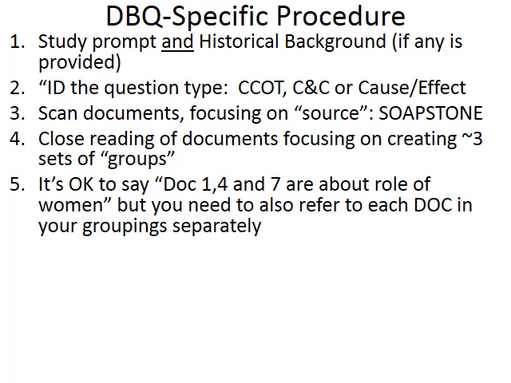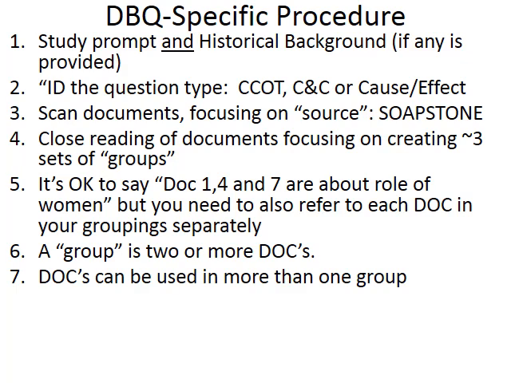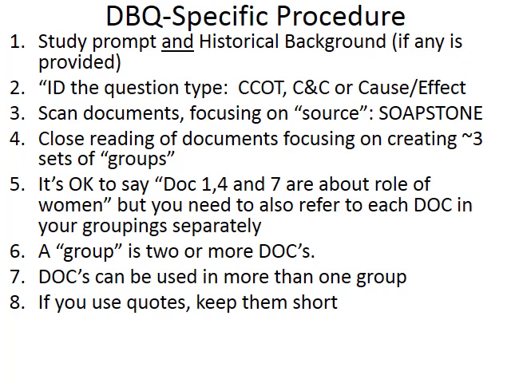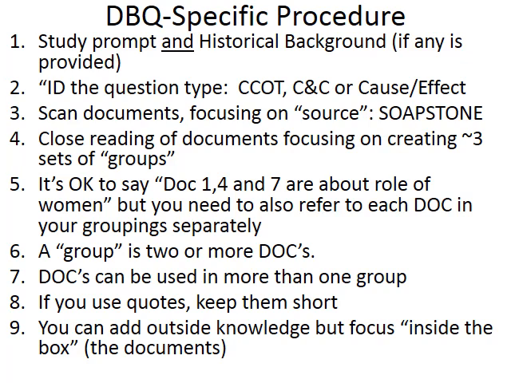It's okay to say just Doc 1, 4, and 7 are about the role of women, for example, but you need to also refer to each document in your grouping separately. You can't just lump them all together. And again, a group is 2 or more docs. You can use each doc in more than one way. And if you use quotes, keep them short. You just don't have time to have them longer than that. And again, you can add outside knowledge, but first, get through it inside.